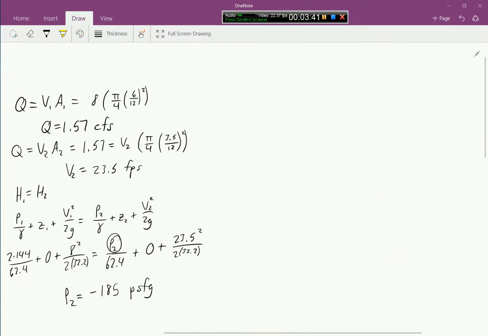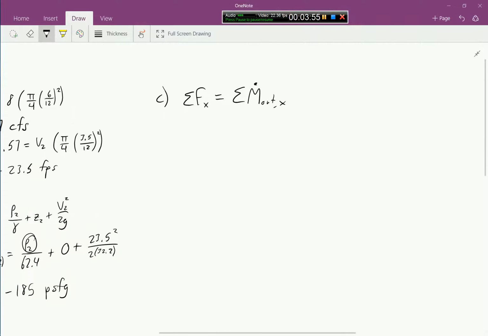So if we'll remember the equation for the momentum, which is the sum of the forces, and we'll just go with the x direction first, is equal to the sum of the m dot out in the x direction times the velocity in the x direction out, minus the sum of the m dot x in times the velocity x in.